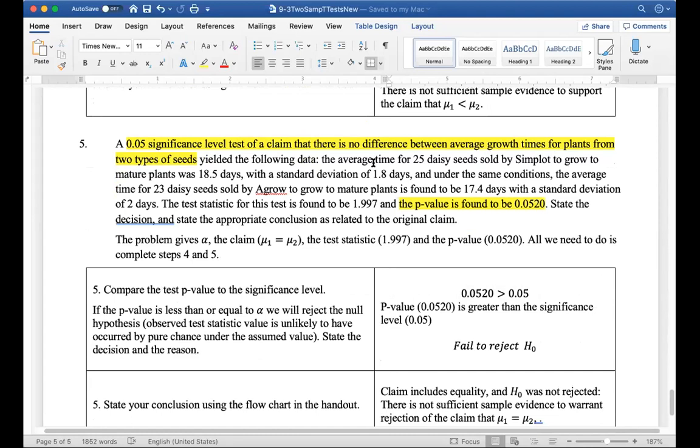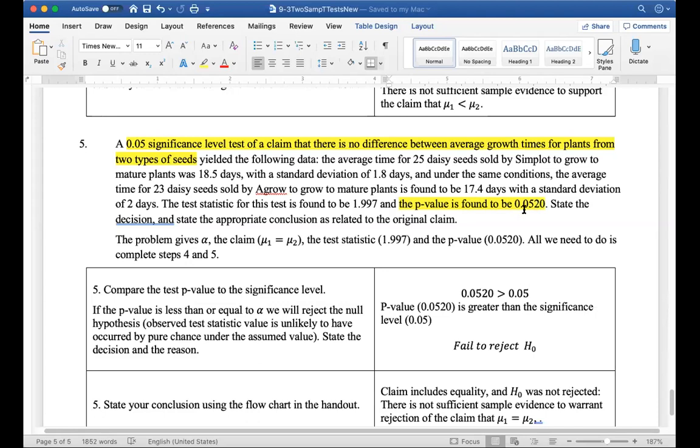It's a two-tailed test, obviously, but we are given the information from step 2, which is that we have the test statistic 1.997, and the p-value is found to be 0.0520. But we don't care about the test statistic in this case because we have a p-value. All we have to do is finish the test with a decision and statement of conclusion.